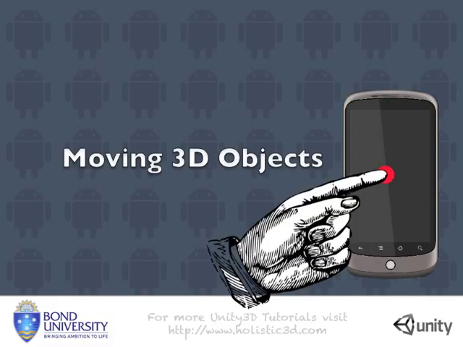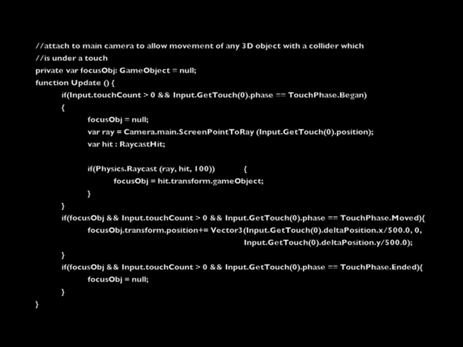This next piece of code allows you to move 3D objects around that are in the scene. So it casts a ray, and whatever it hits, if it's got a collider on it, then you're allowed to move it with your finger. The code is entirely within an update function, and it first tests if the touch count is greater than 0 and that a touch has begun.